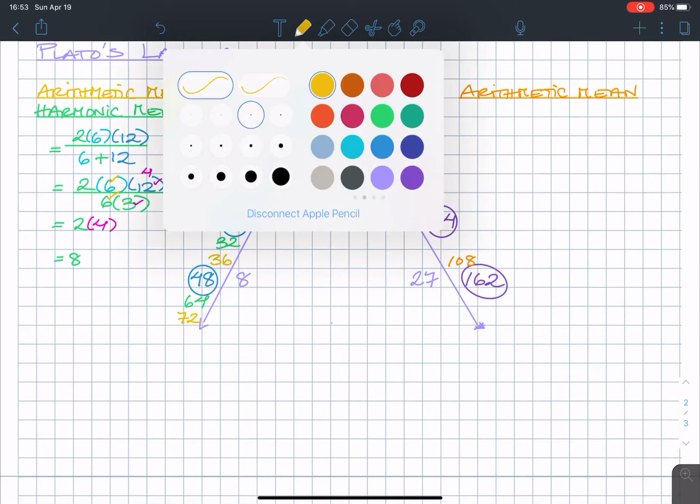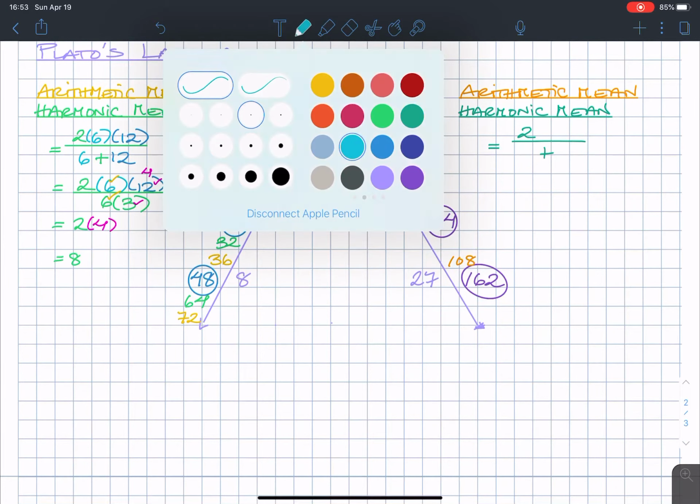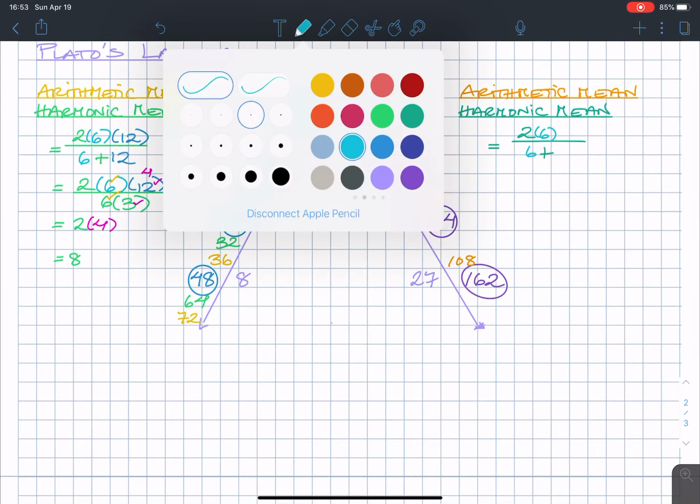Okay, let's do the harmonic mean on the right as well. What color should I use? Okay, so harmonic mean. Ugh, I don't really like this green, but that's okay. Okay, so for the first two guys on the right, now it's going to be twice the product of the first and the second, which once again is 6, but this time and 18.